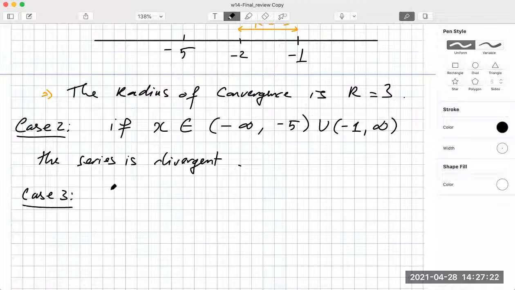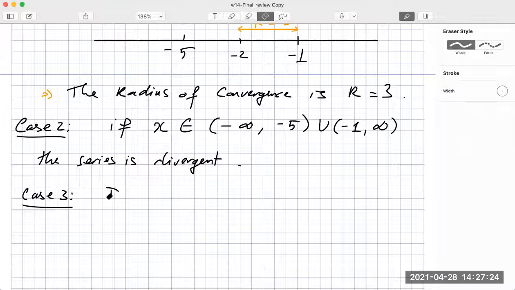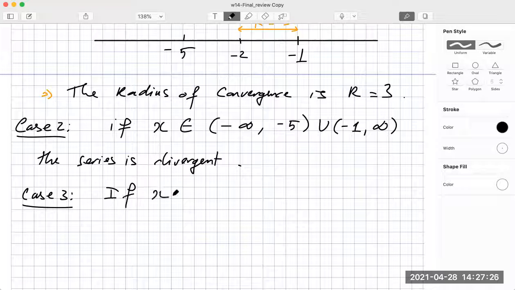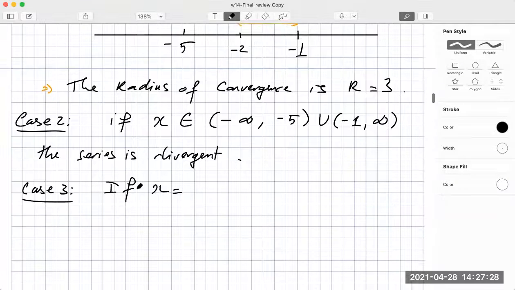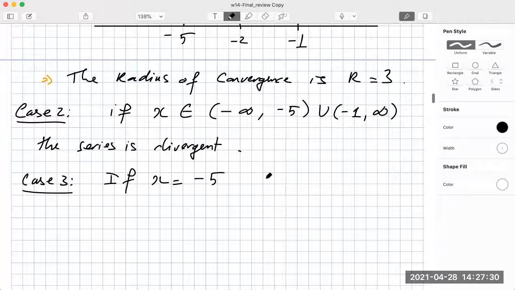Case 3, if x is right here at the point negative 5, the series becomes, what is it?